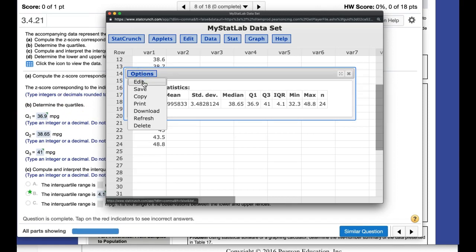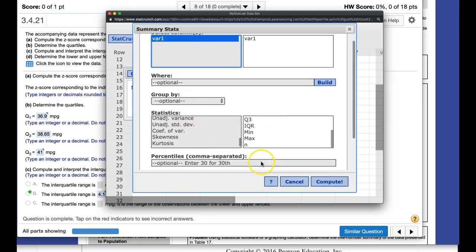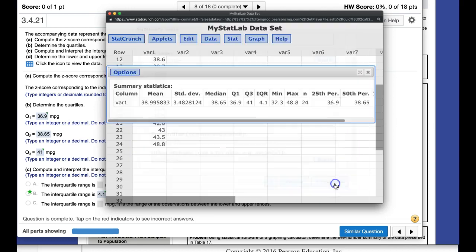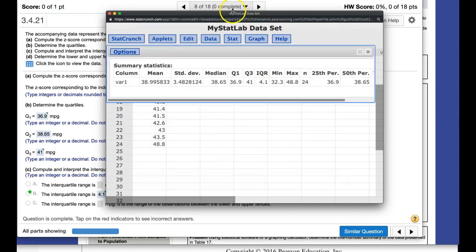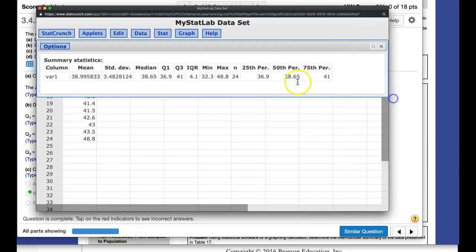And so if you went back here in the summary statistics, again, I had all those that I've chosen. You could also put in here percentiles. Look, if I put 25, 50, 75 in here and compute, notice that those values match up: Q1 is the 25th percentile, Q2 or the median is the 50th percentile, Q3 matches up too.